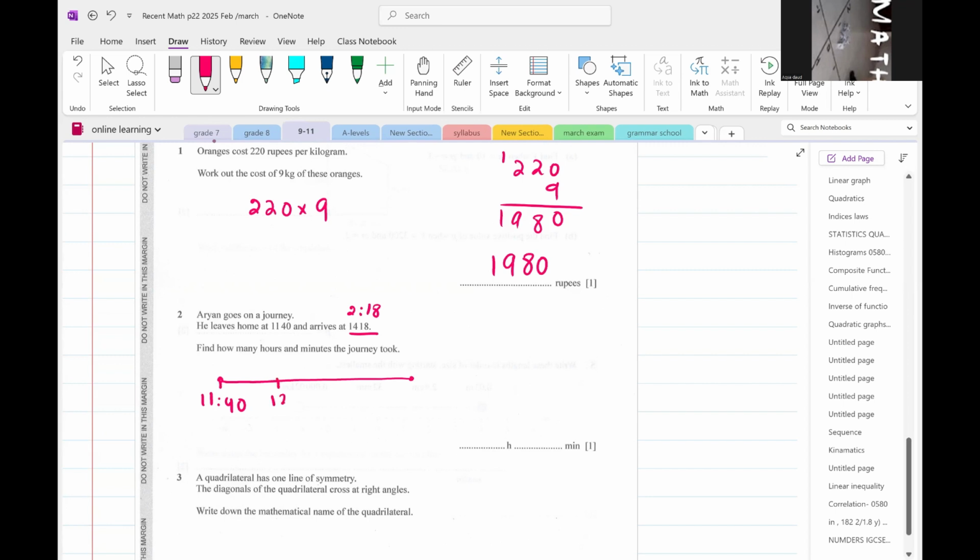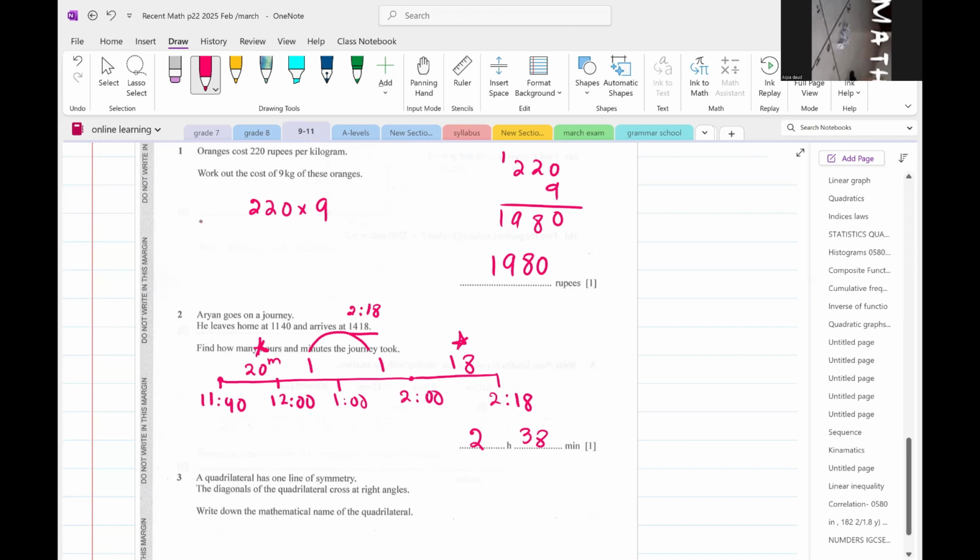From 11:40 to 12, it's 20 minutes. Then from 12 to 1, it's 1 hour. 1 to 2, it's another hour. Until 2:18, it's another 18 minutes. Now you add all the hours, it's 2 hours, and then you add the minutes, 38 minutes.